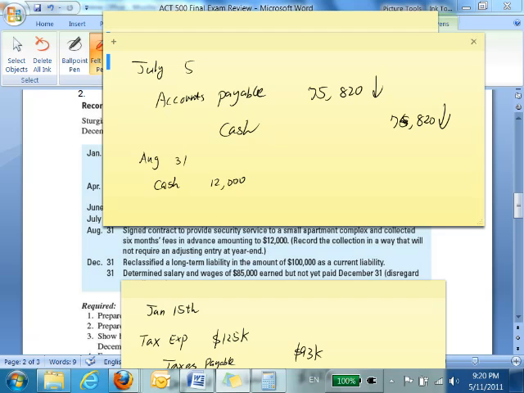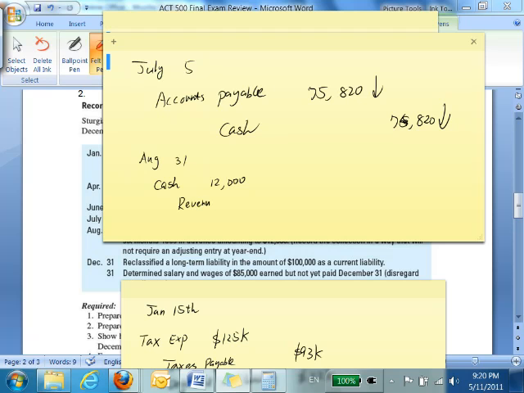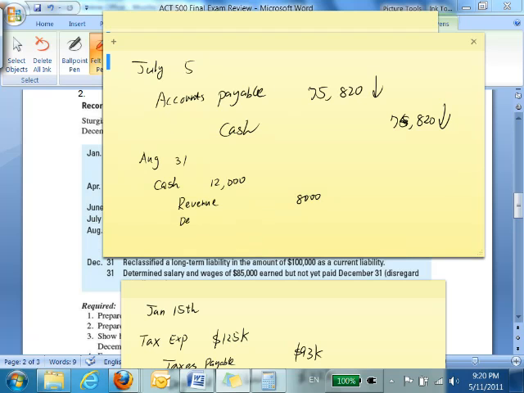And so we have revenue 8,000, and deferred revenue 4,000. Because the contract was signed on August 31st.